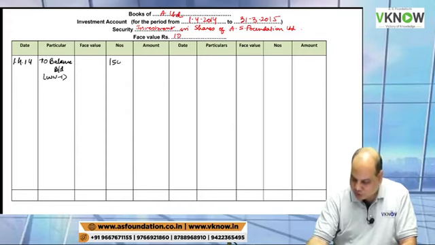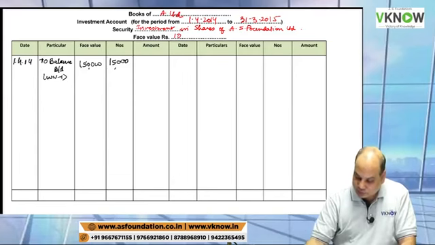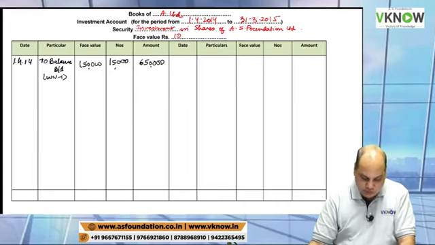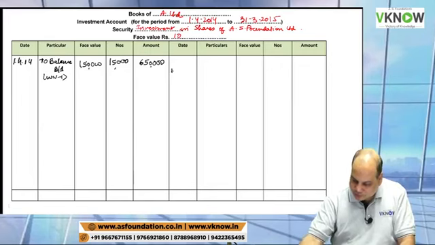We have 15,000 shares, 1,50,000, and the amount was 6,50,000. Then I will go to next purchase.